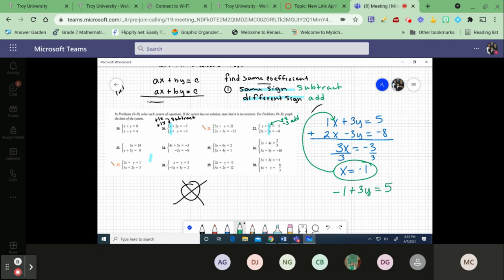I'm going to add that 1 to both sides. 3y is equal to 6. Dividing by that 3, y equals 2. So my solution, negative 1 and 2.